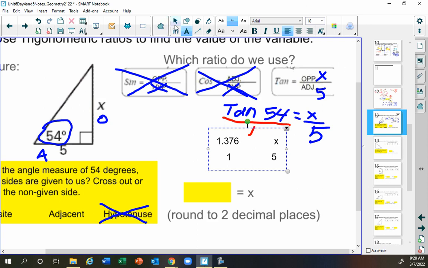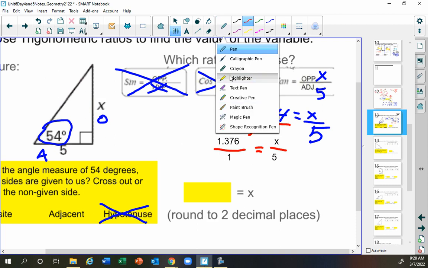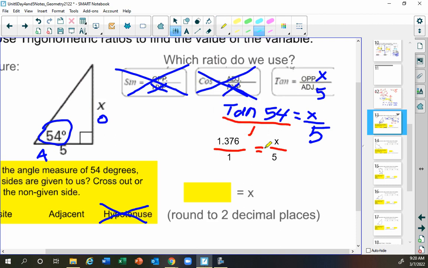So there we go. All right, now before, what do we have to do? We have to do what, ladies and gentlemen? After we write tangent of 54 as 1.376, what does this look like? Yeah, you've got to cross multiply.